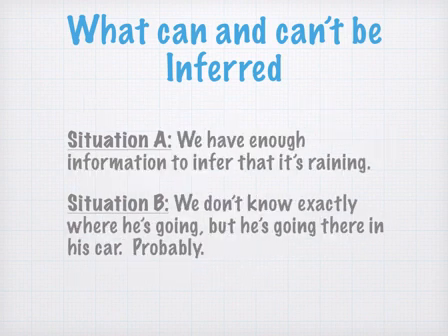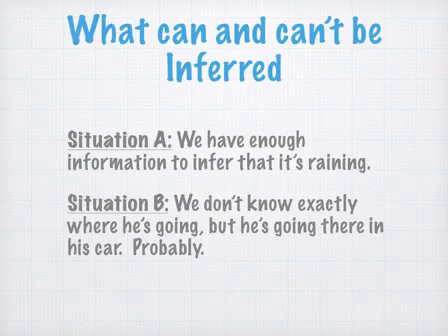Now, in situation A, your friend is holding an umbrella, his clothes are wet, he just comes in the front door. We have enough information to infer that obviously it's raining outside. In situation B, your friend has his car keys in his hand and he's going out the front door. We don't exactly know where he's going. He could be going anywhere in his car.